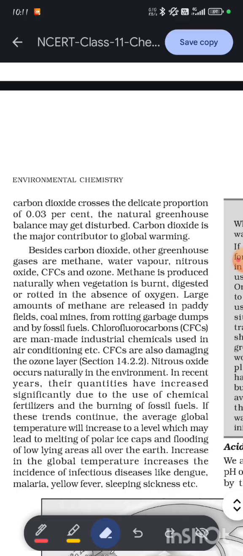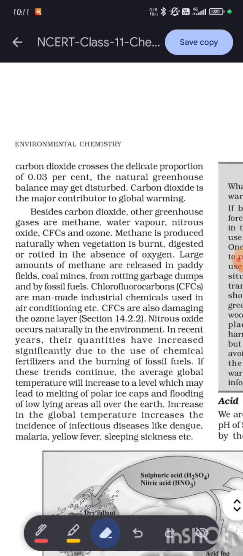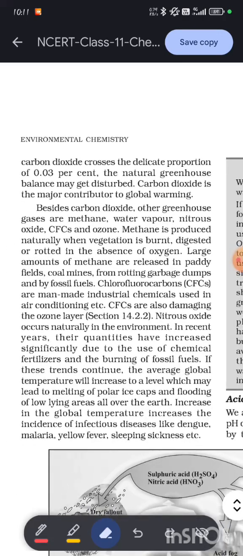Chlorofluorocarbons are man-made industrial chemicals used in air conditioning, etc. CFCs are also damaging the ozone layer. Nitrous oxide occurs naturally in the environment. In recent years, their quantities have increased significantly due to the use of chemical fertilizers and the burning of fossil fuels.